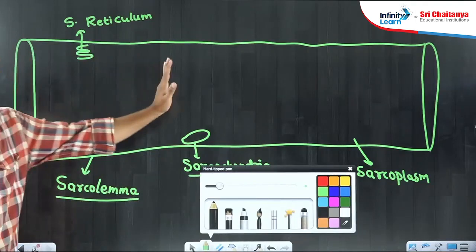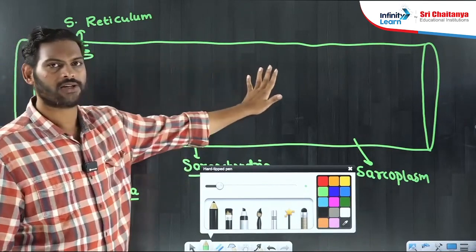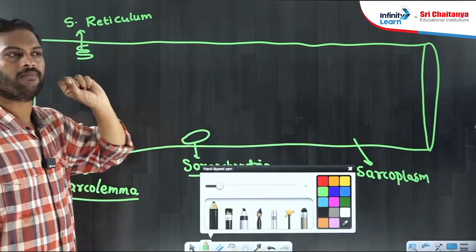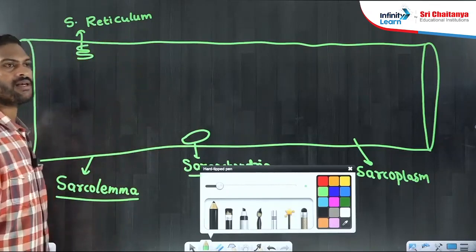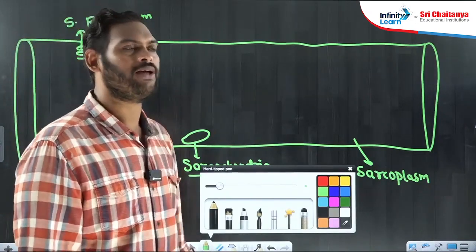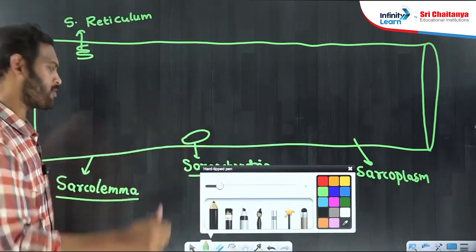inside this muscle cell, guys, I'm rubbing off everything inside the cell just to make sure that you see only one aspect clearly. Yes, sarco means muscle, correct? Sarco means muscle, myo also means muscle, a Latin and Greek difference.